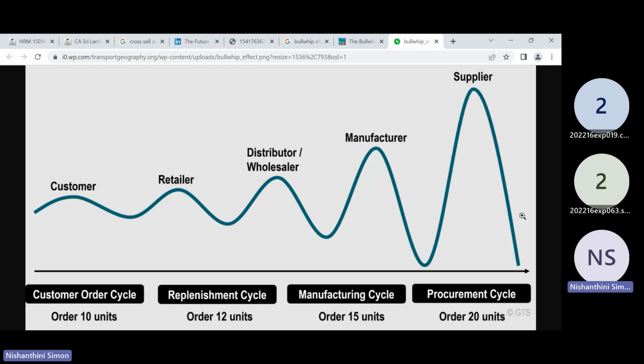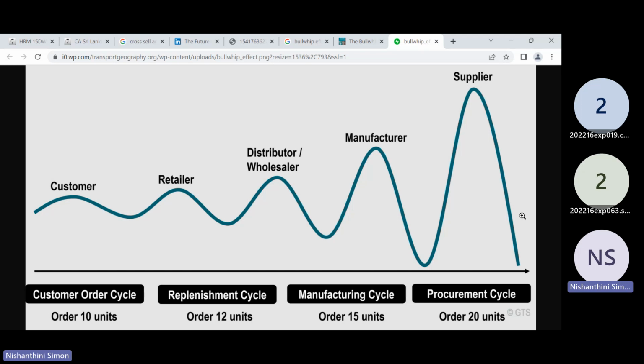Now the manufacturer is going to produce the product, but he needs to purchase the inputs from the supplier. Okay, 15 is the order, but again, to be on the safe side, he may order the needed inputs for 20 units. So at the end, the supplier is giving the needed raw materials for 20, and the manufacturer is going to produce for 20.